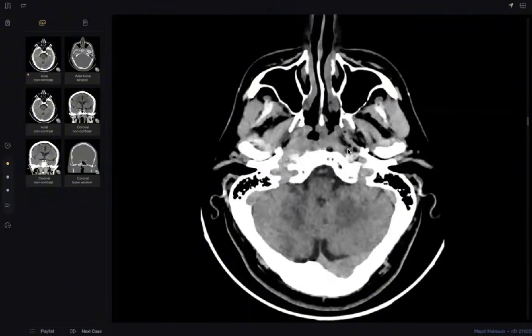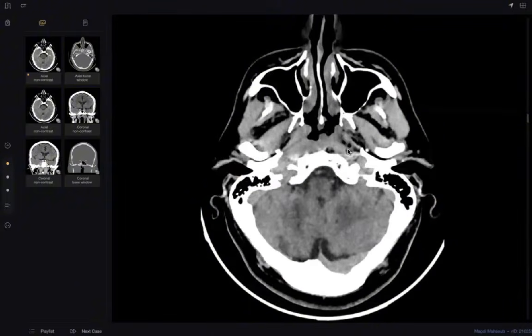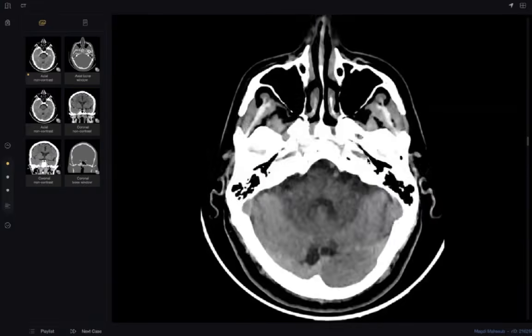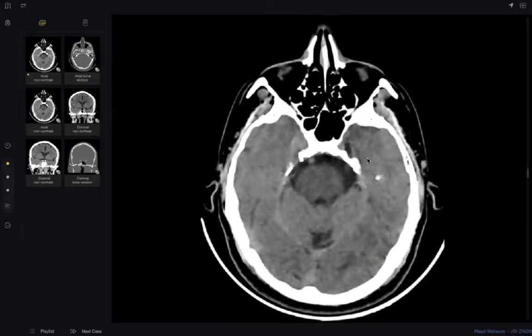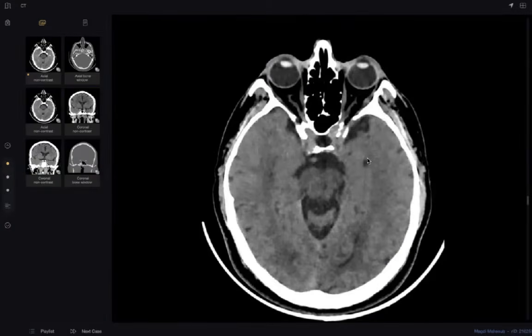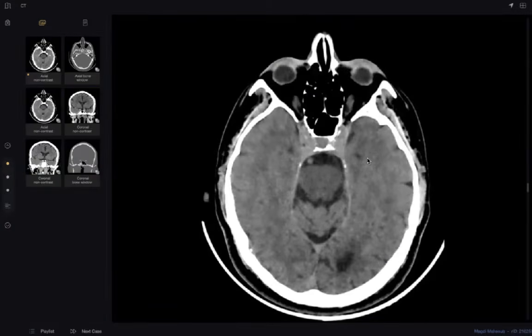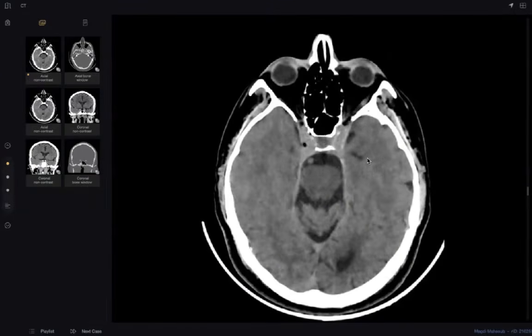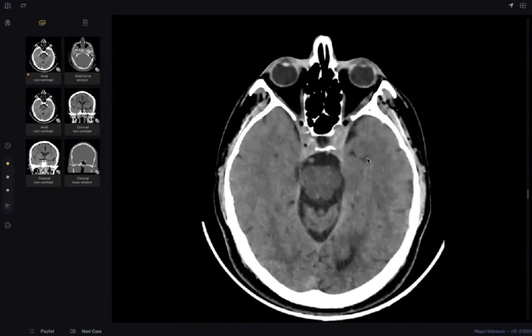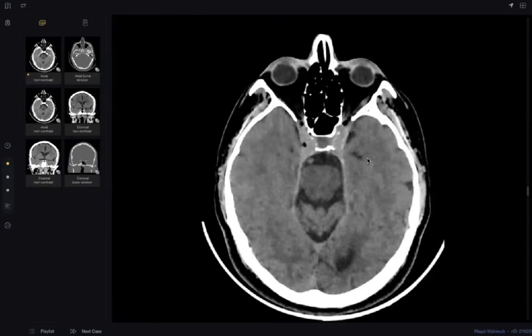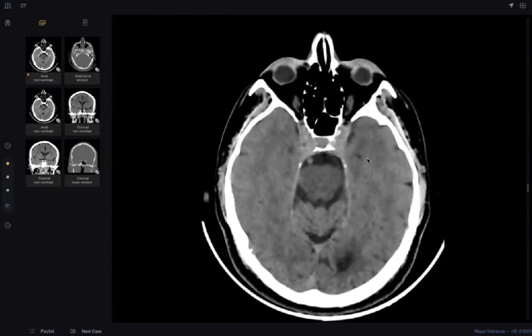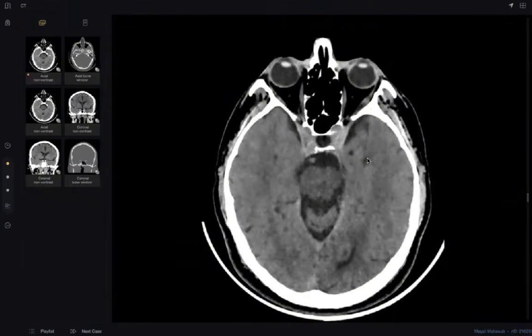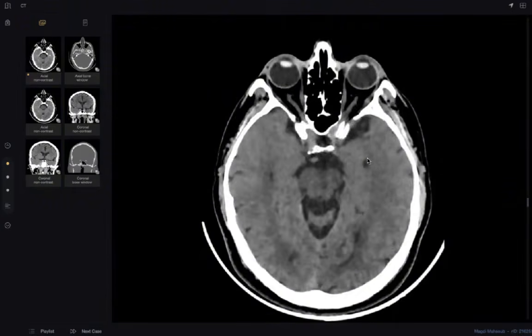The mastoids are normal. Where is your concern, right or left cavernous sinus? Firstly, I saw the distension of the left cavernous sinus, but the air foci within the right cavernous sinus are concerning for some bone erosion. I would like to see that on bone window. Can I see the bone window, sir?